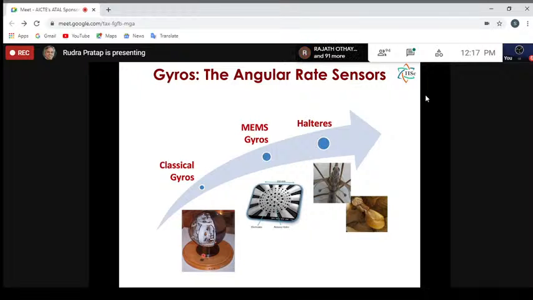So if you apply any rotation on it, then its bearings in which this disc is rotating, those bearings experience incredible amount of force, and you can measure those forces. From those forces you can make out what is the rate of rotation. MEMS gyros are much smaller.